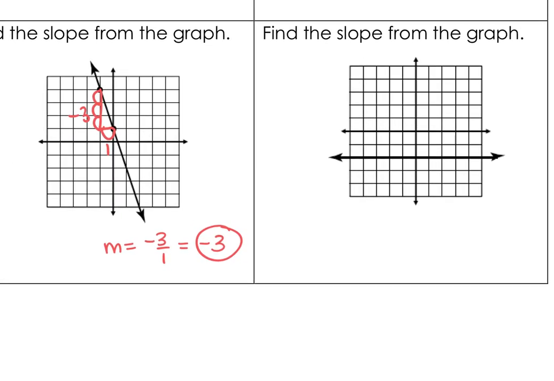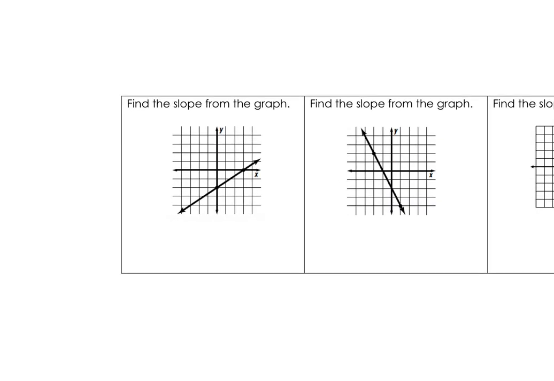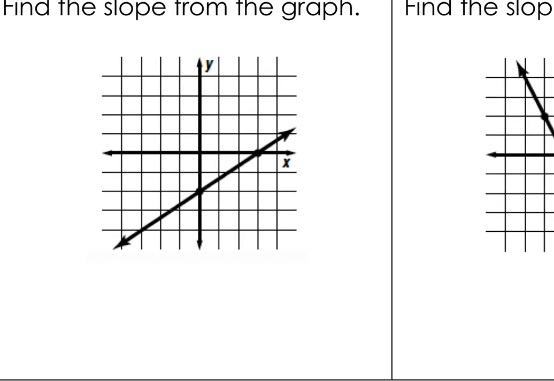The next one, we have a horizontal line, and Mr. Slope Guy's mouth tells us that all horizontal lines have a slope of 0. Very good. So that one's easy. Then we've got an increasing line. And again, these points are not already given to you on your homework, so you're just going to have to find 2 points on that line that you can count rise over run.